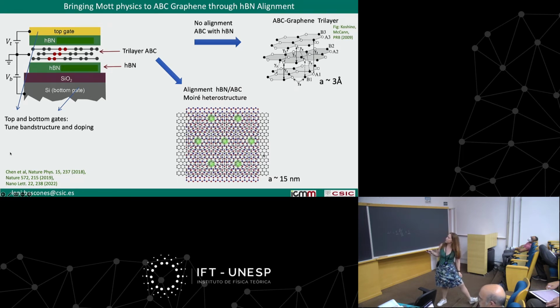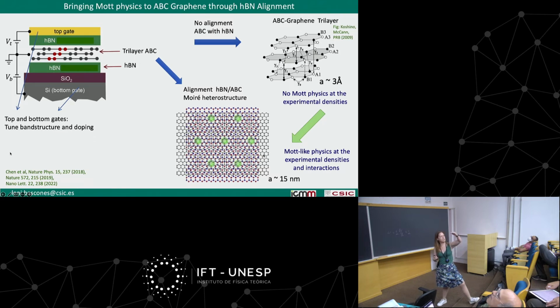What I'm going to propose here is that just by putting this alignment, we are going to be able to switch on and off the Mott physics, this strong correlation physics. As I said, if we think of the number of electrons per carbon atom, it's a very small amount.